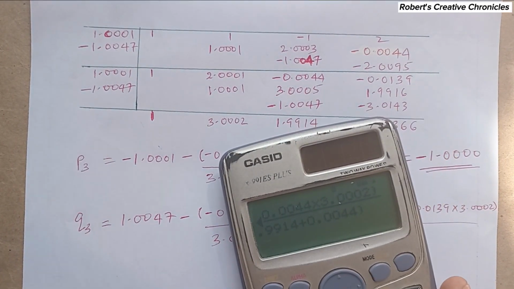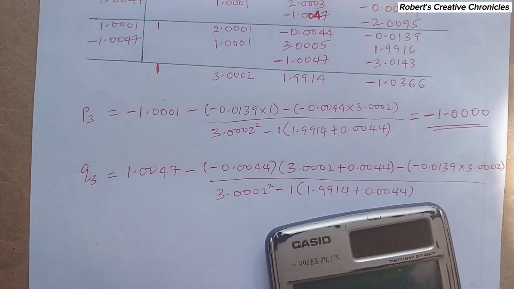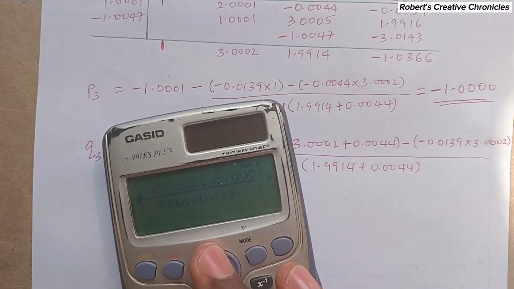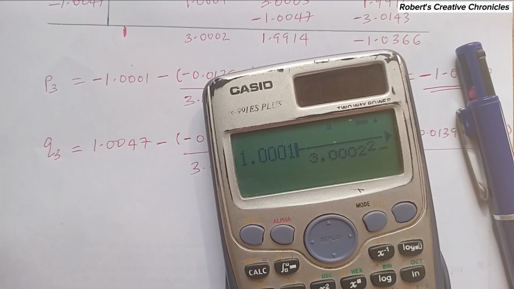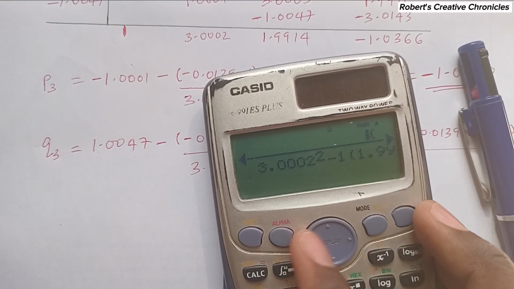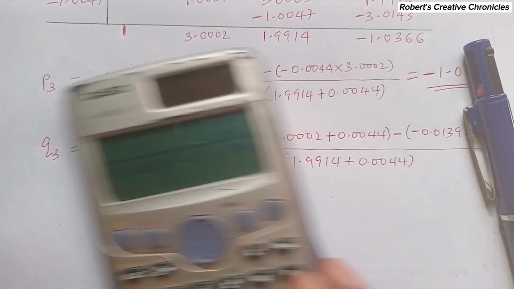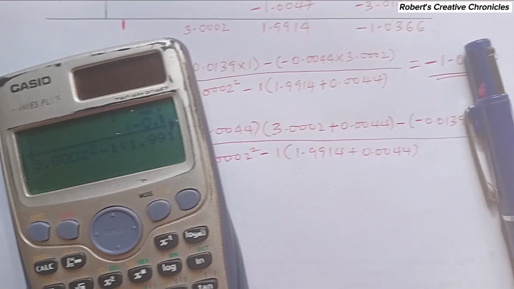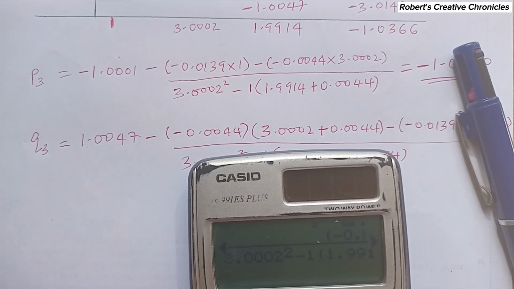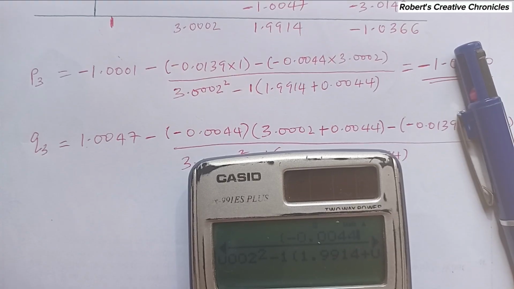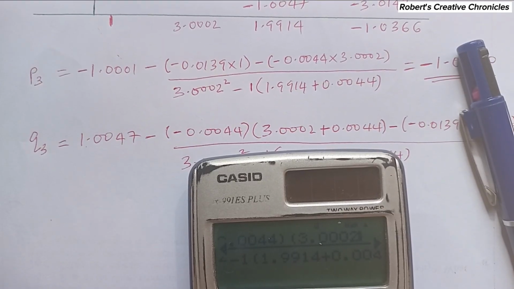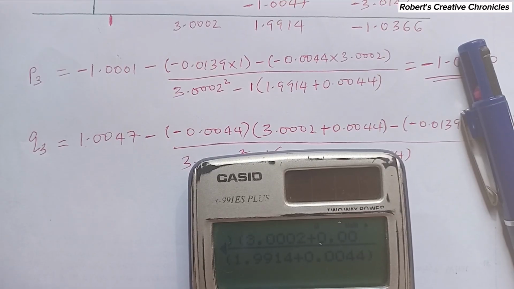So we'll put this in the calculator now. So this becomes what? You can just substitute it here. 1.0047 minus what? Minus 0.0044, 3.0002 plus 0.0044.